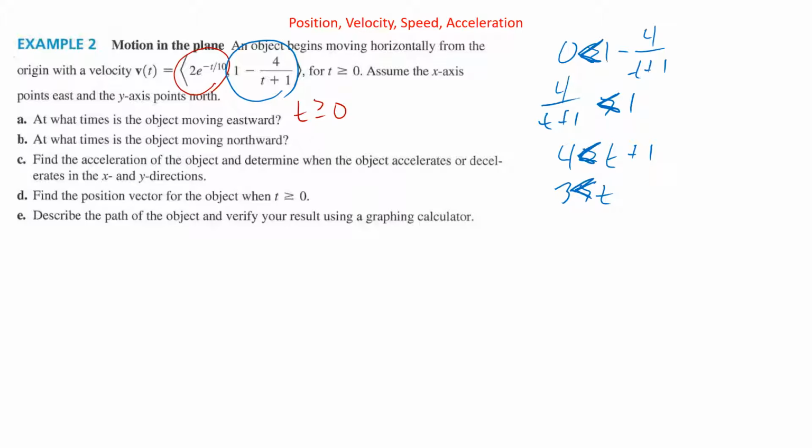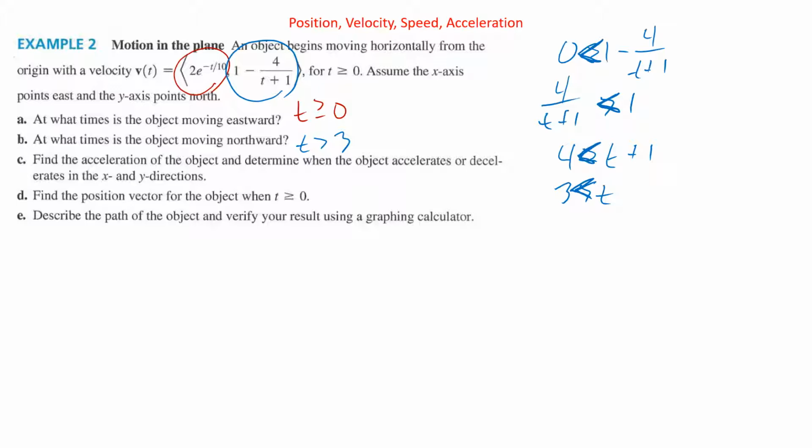So when t is greater than 3, we'll be moving up, which means that when t is less than 3, we should be moving down. We should move into the south. And when t equals 3, we should have that 0 in the y-axis, the y equals 0. So, what time is the object moving northward? T is greater than 3.